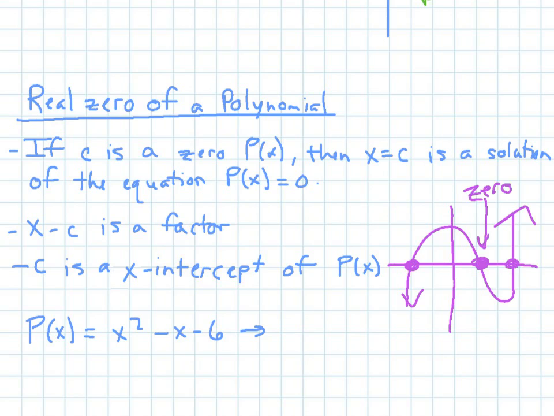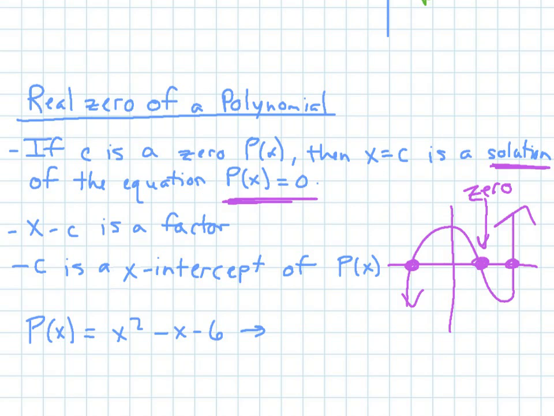So an x-intercept, a zero, a root. These are all words that are considered solutions to the polynomial that make the y value zero. So if c is a zero, then when x equals c, it is a solution that makes the equation equal to zero, so the y value equal to zero.